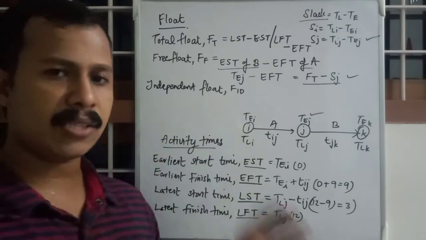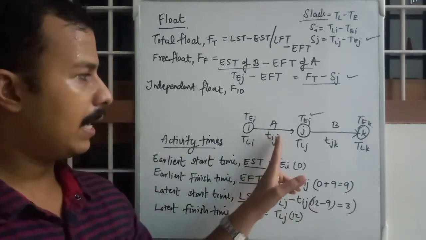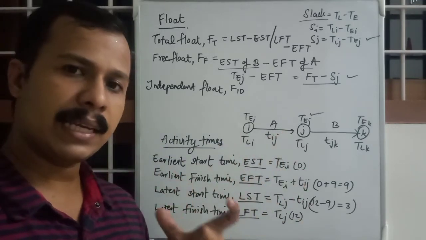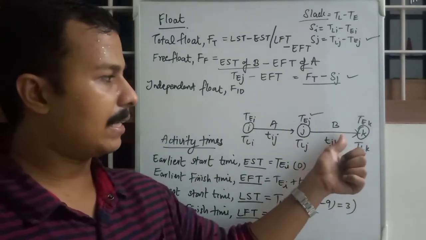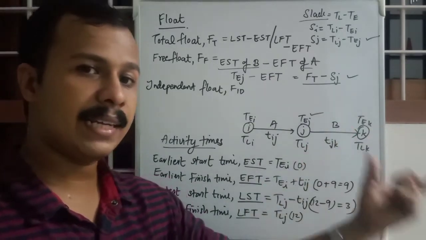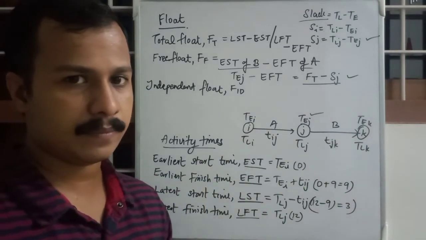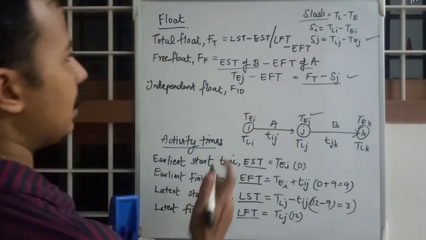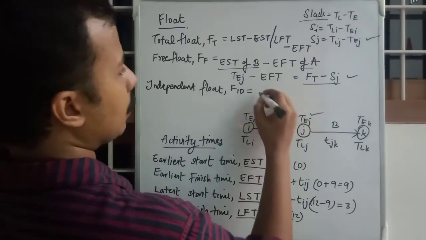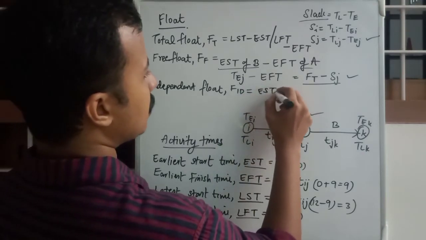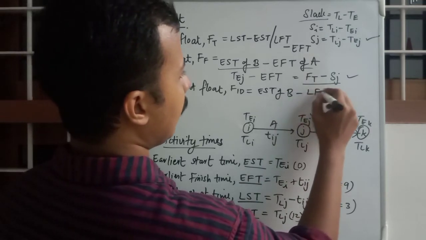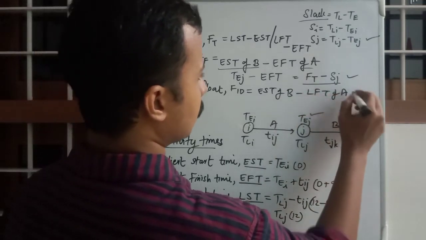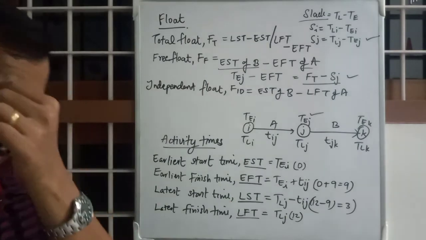So we are considering the worst case scenario, that is activity A is completing at the latest time and activity B is starting at the earliest possible time. Okay, so that is simply EST of B minus LFT of A.